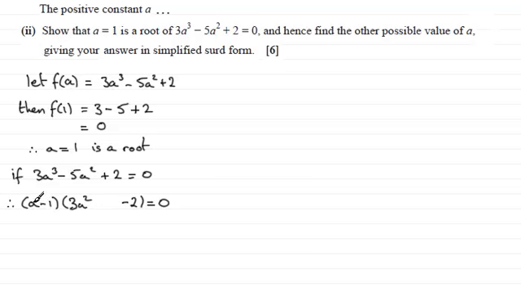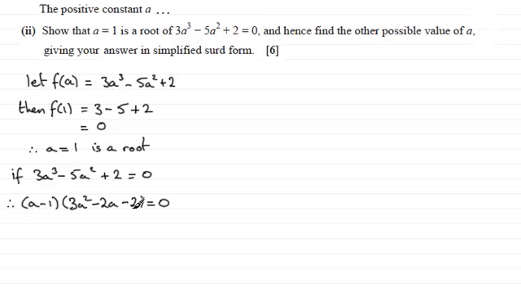And that would come from a times minus 2a in here. So I hope that makes sense. If you check that out, it will give you that a squared term. A times the minus 2a gives me minus 2a squared, and I get another a squared term when I do minus 1 times 3a squared. That's minus 3a squared. Minus 2a squared minus 3a squared gives me the minus 5a squared.